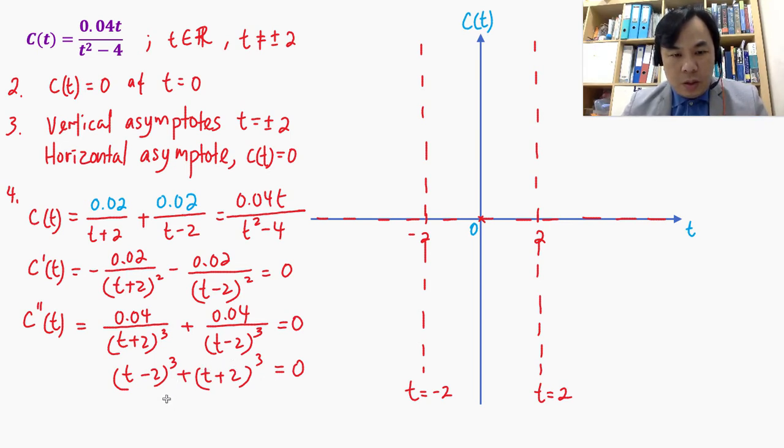You can actually write it down as, let me see here, what do we have? Yes, you will be able to find out that t is actually equal to 0. Now maybe I can work it out here.